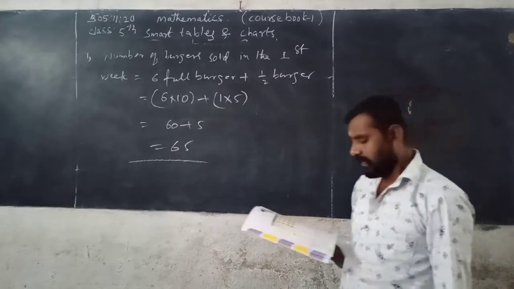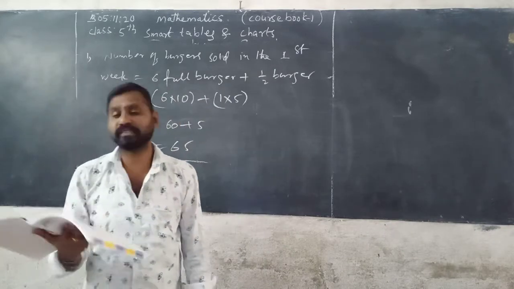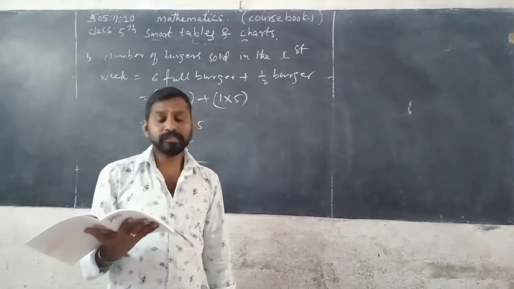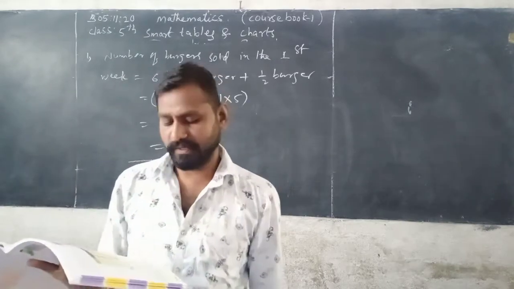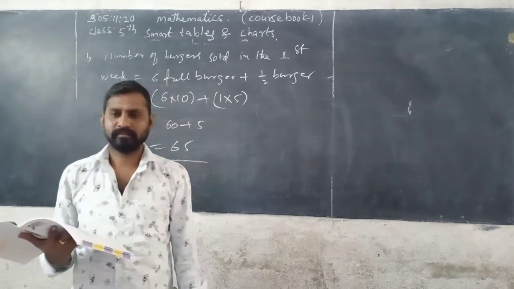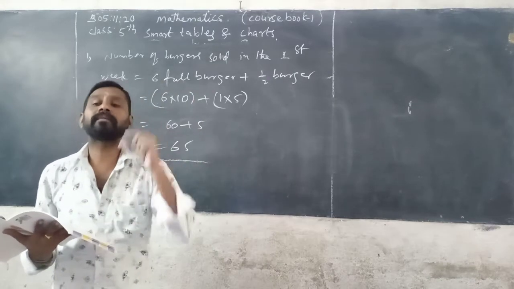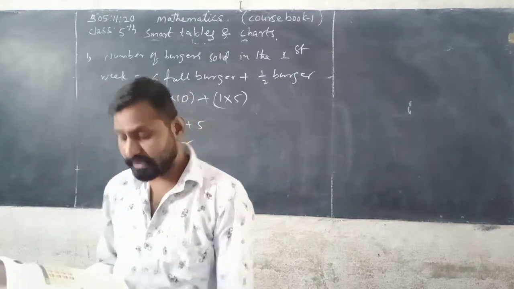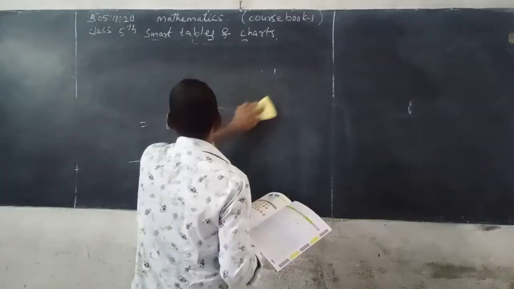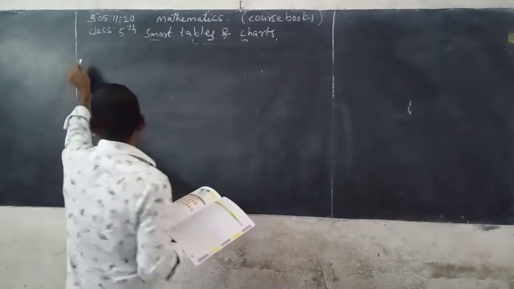Did you understand? Now next one: in which week was the most number of burgers sold? See, which week? Fourth week. In the fourth week, how many burgers were sold? 80 burgers. Then write down the second question's answer.